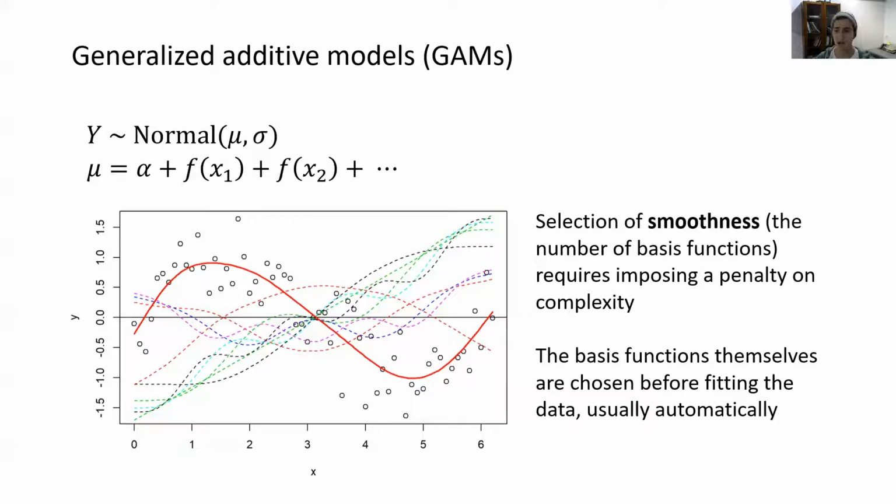They automatically strike a good balance and obtain a curve that fits the data well, but isn't unnecessarily wiggly. We won't go into exactly how they do that, but the basic idea is to combine maximum likelihood estimation with some sort of penalty on complexity, so that models with lower complexity and a better fit to the data are preferred.